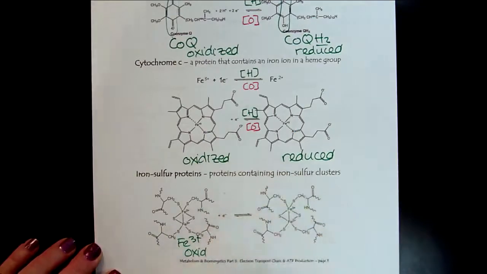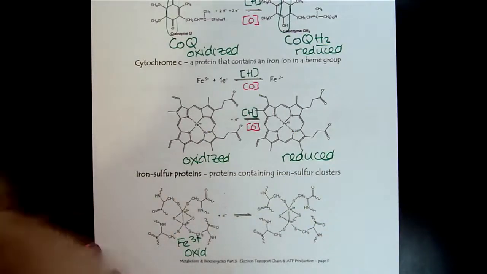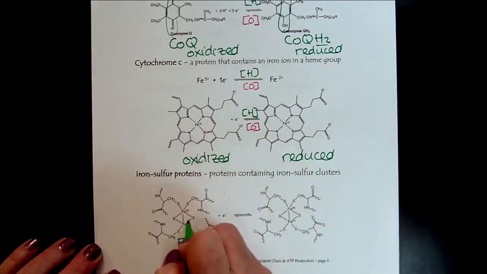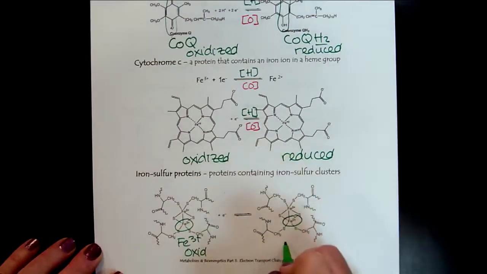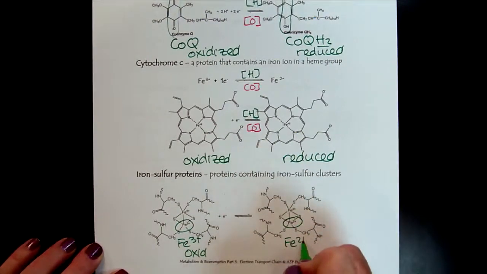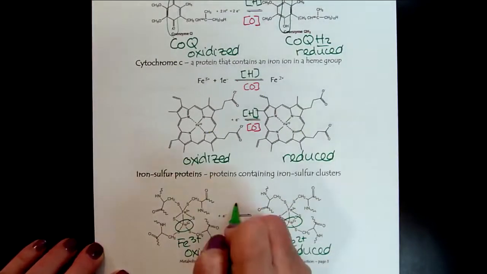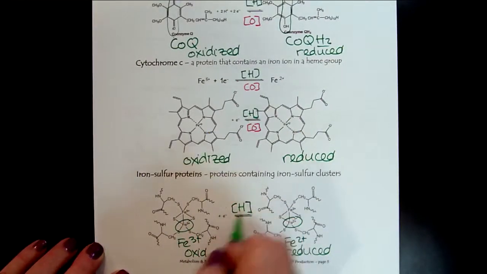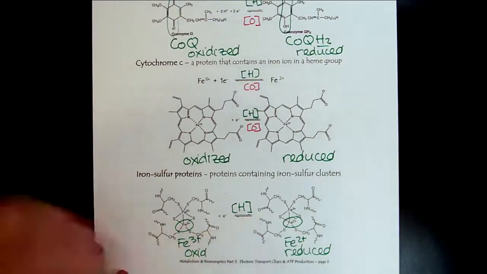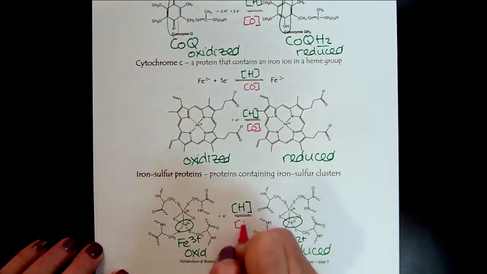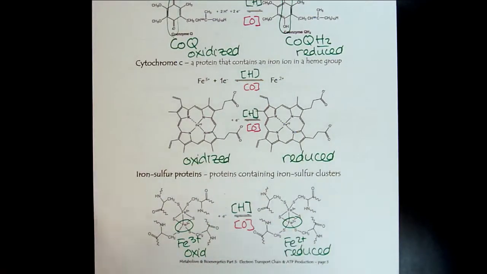And then there's the iron 3, and then there's the iron 2. And that's the reduced form. So it's the exact same answers as before. So here, there's our reduction reaction, gaining electrons, and our oxidation. So as the electrons are handed off, these coenzymes are needed as part of the electron relay.